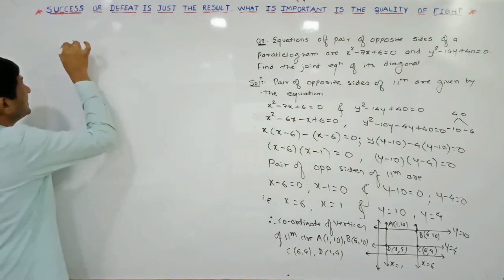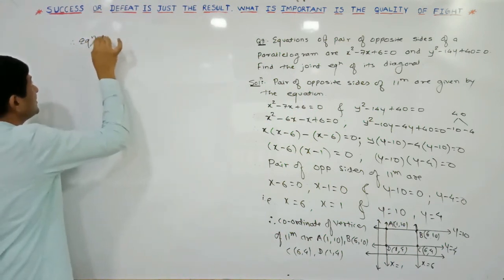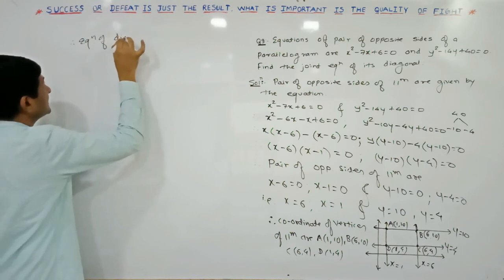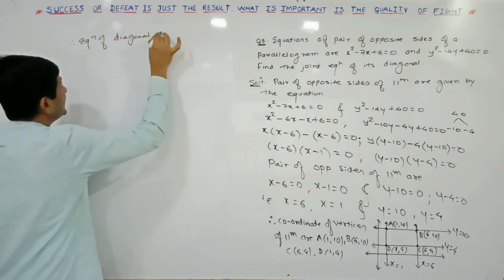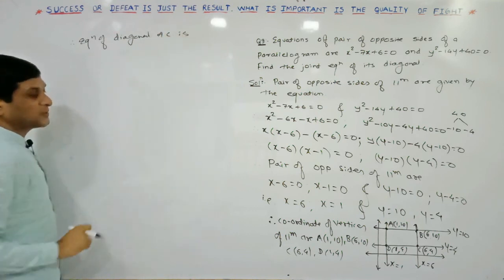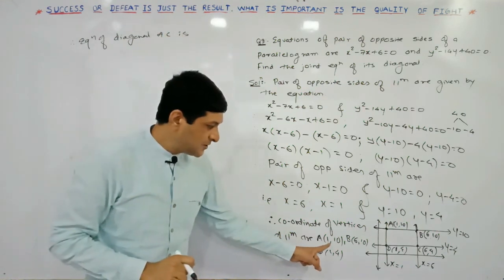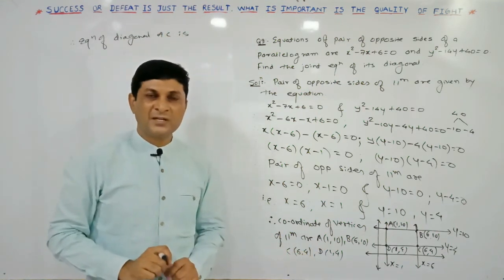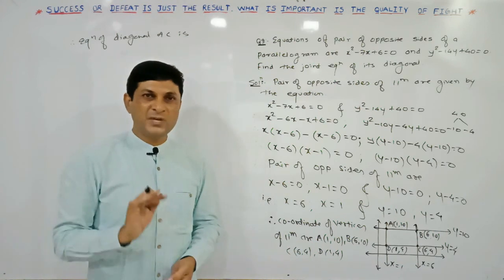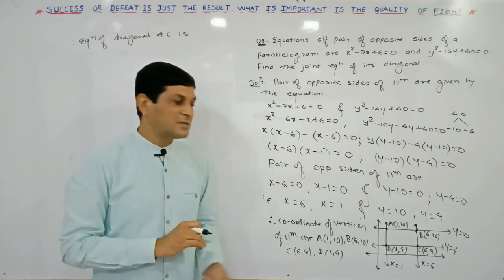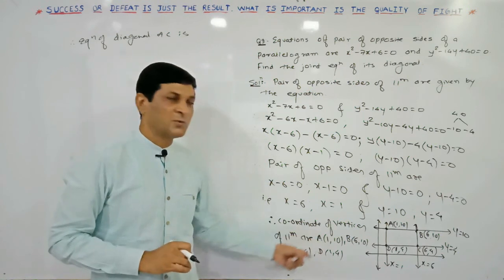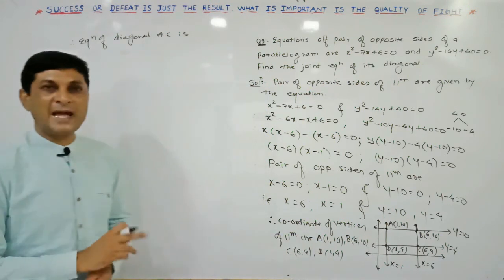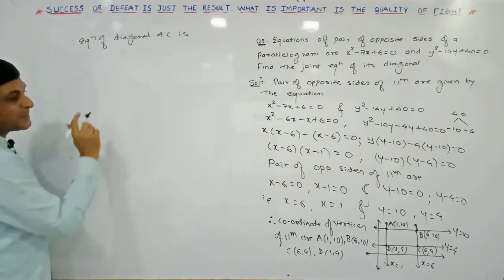So the equation of diagonal AC: the coordinates of A and C are known to us. Once these coordinates are known, we can find the equation of this diagonal by applying the two-point form, because the coordinates of two points on line AC are known.